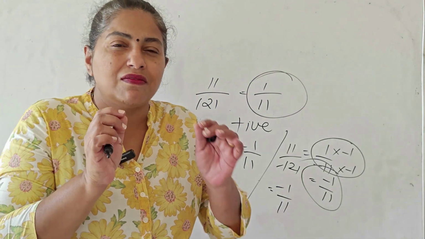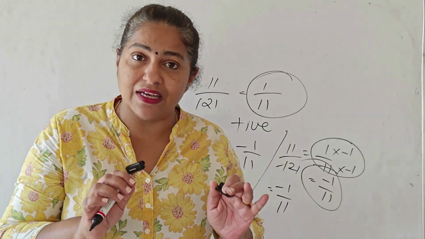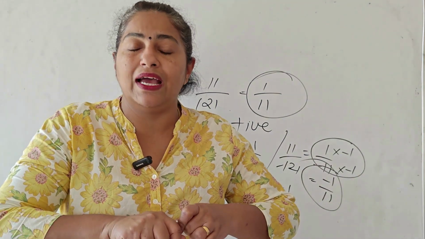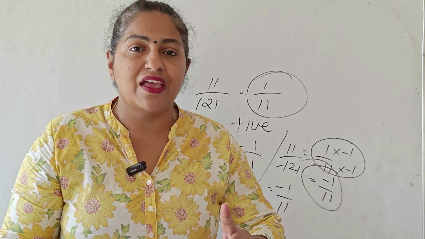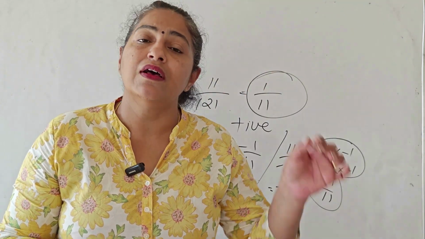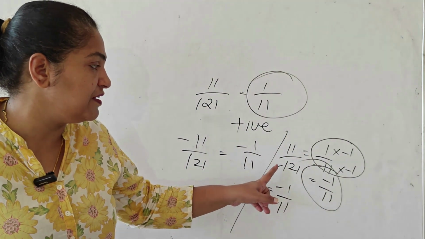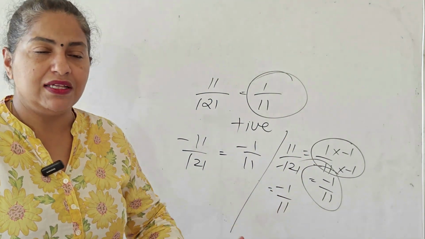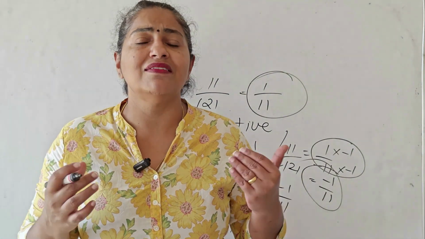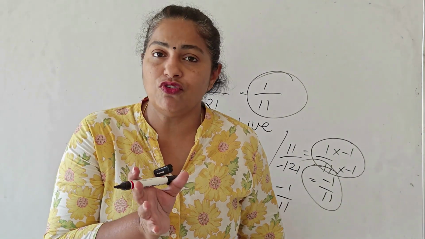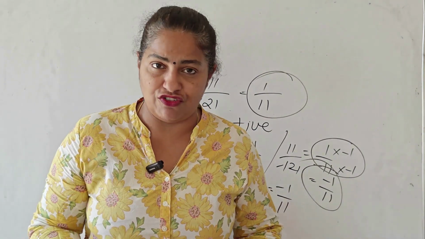Fine. So, this is a small difference that is there between the lowest form and the standard form only in the case of negative rational numbers where the negative sign appears in the denominator. Otherwise, both are the same. This is exactly the reason why these two terms are used interchangeably.